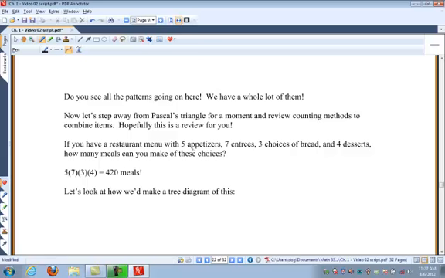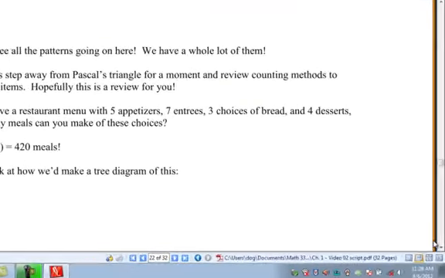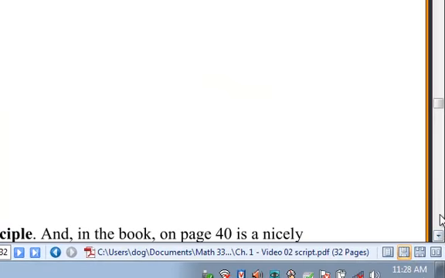If you have a restaurant menu with 5 appetizers, 7 entrees, 3 choices of bread, and 4 desserts, how many meals can you make of these choices? Well, you multiply them all and you can make 420 meals. And you can, if you have enough paper, make a tree diagram.